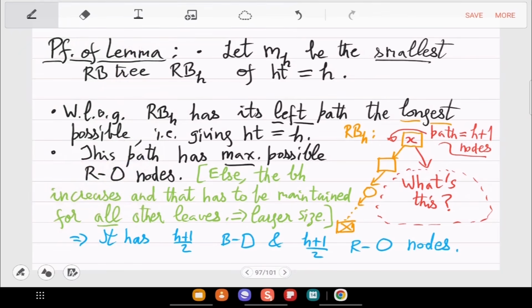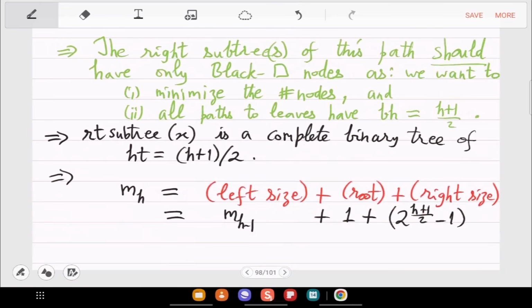I mean the black height is one less. So this is h minus 1 by 2 now. And that's what I wanted here. Yeah, that should work.